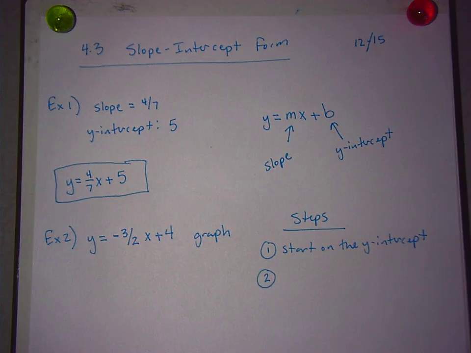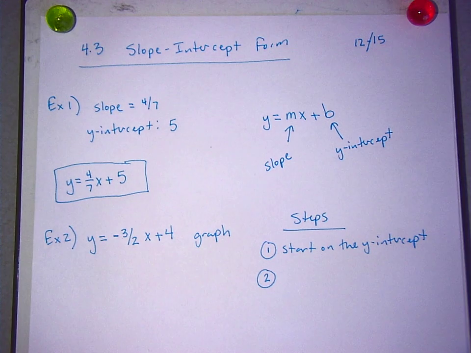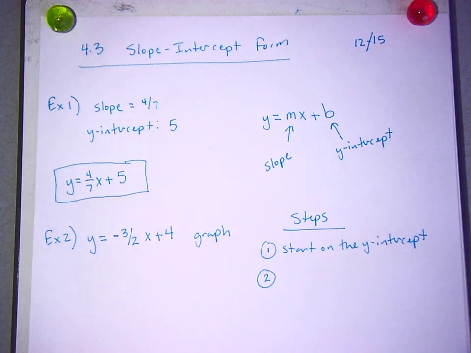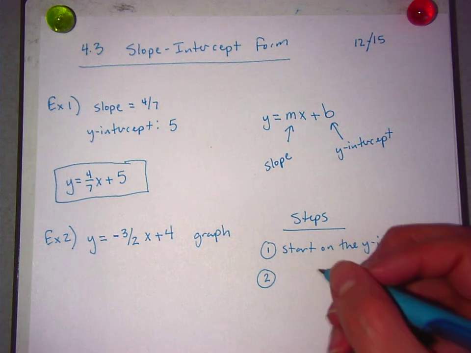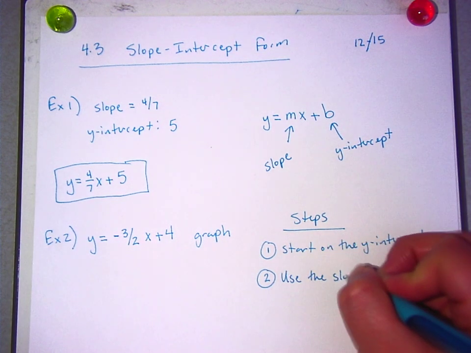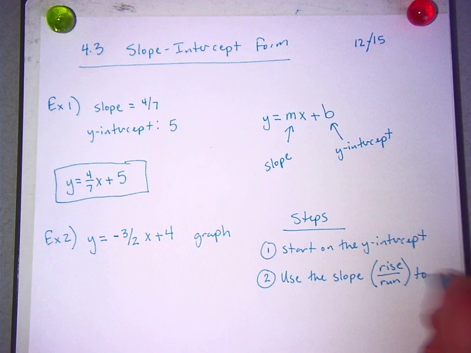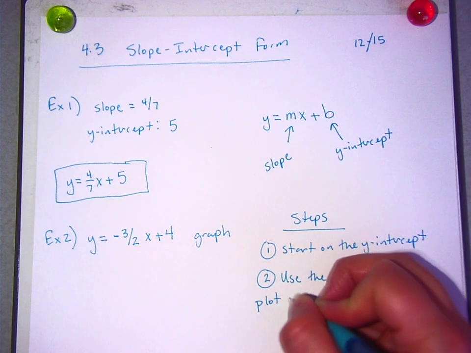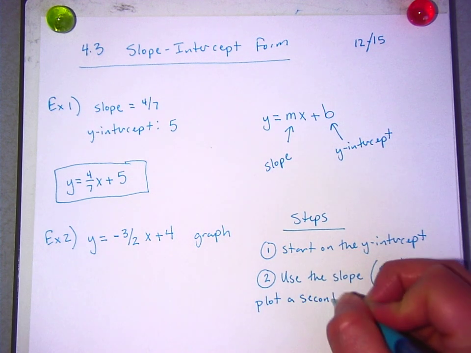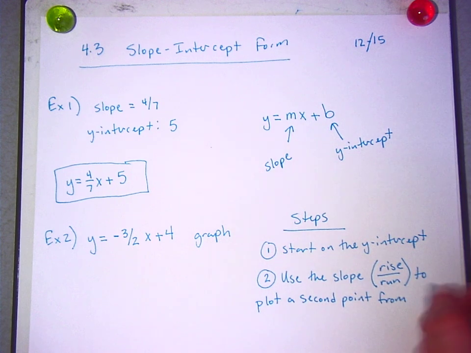And then? How do we do the slope? Is that the part you don't remember? So use the slope with rise over run to plot a second point from the y-intercept.